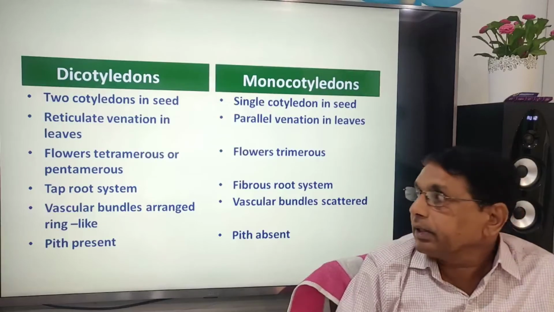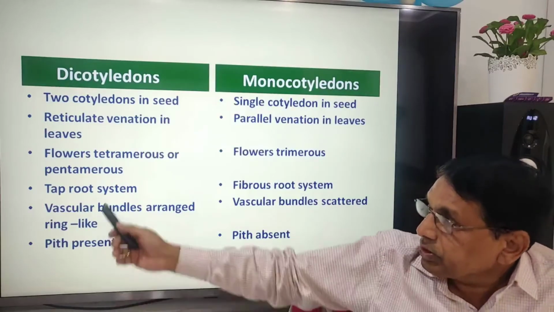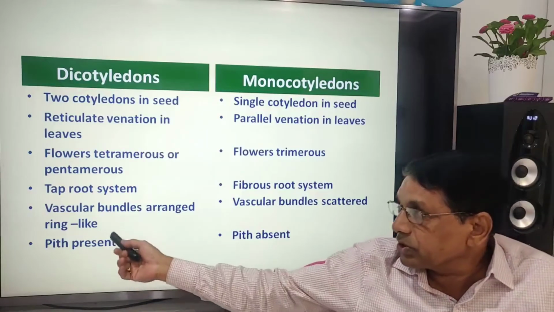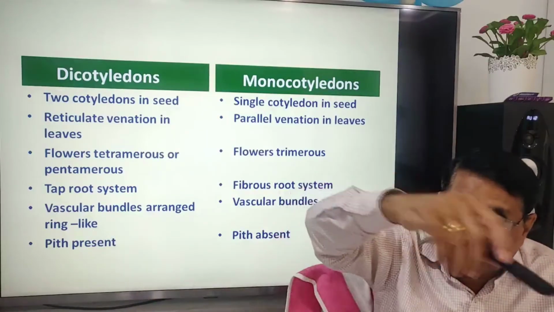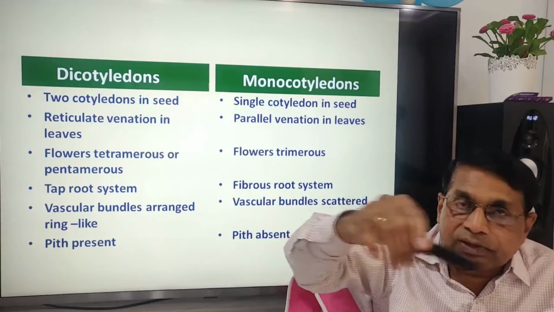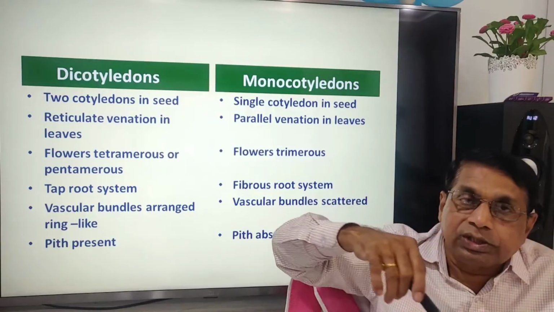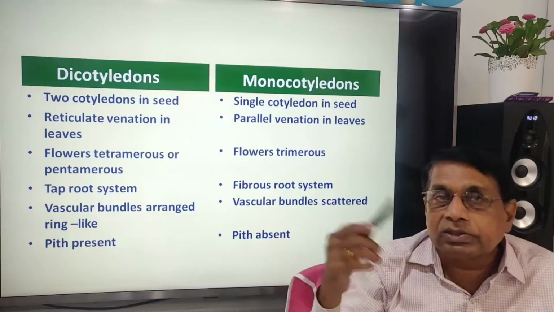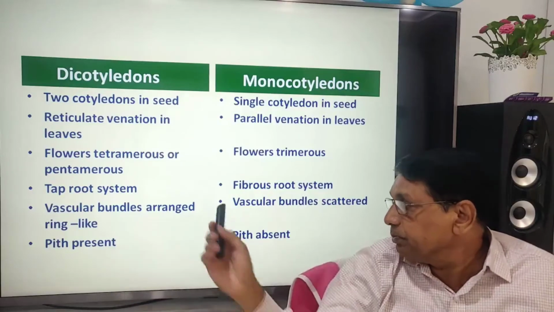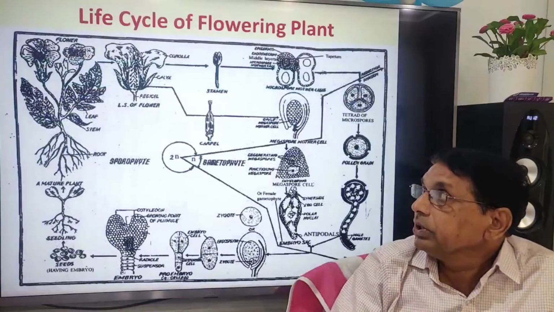Again, an important character: root system, taproot system or fibrous root system. Vascular bundles are arranged ring-like. If you take a section of the stem, the vascular bundles are arranged around the pith in a ring-like structure. In monocots they are scattered. Pith present, pith absent.